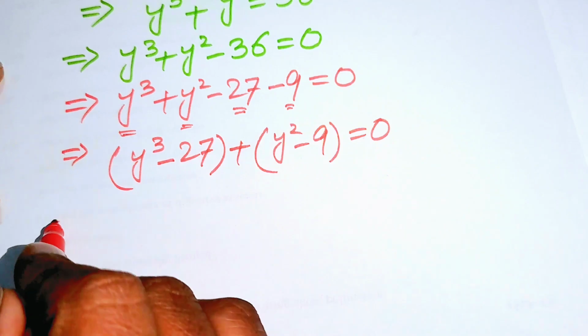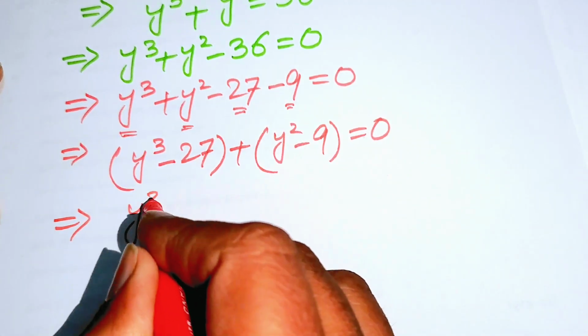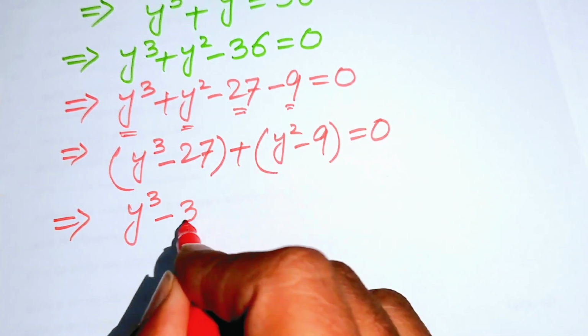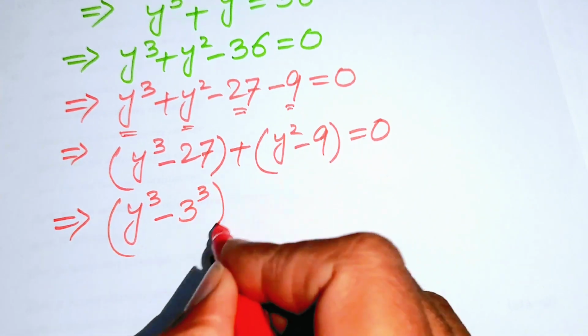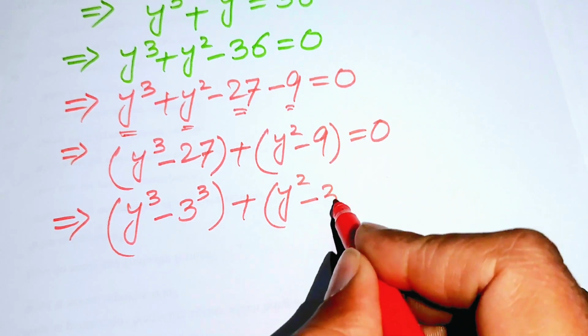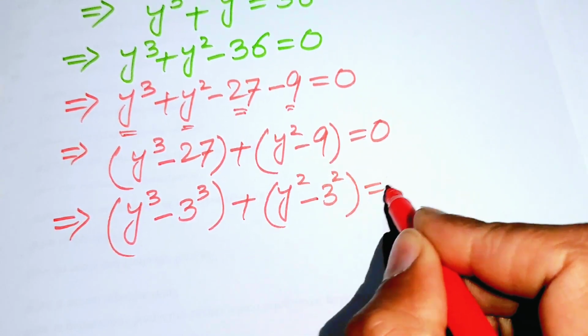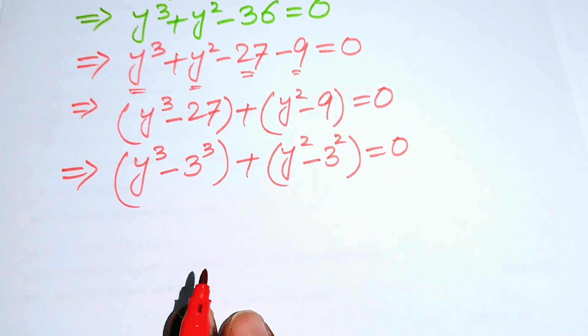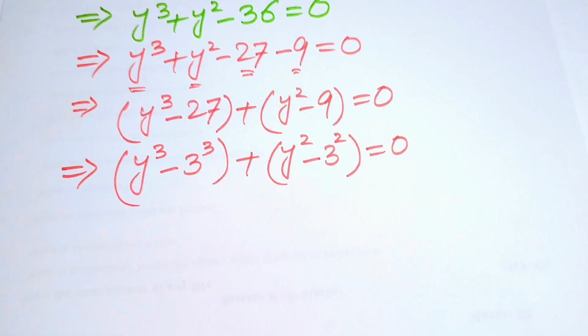So here we again rewrite this equation as y cubed minus 27, and we write this 27 as 3 cubed, and plus we have y squared minus 9, and we write this 9 as 3 squared, and this whole equals 0. So in the next step we use two formulas. The one is cubic and the other is square.